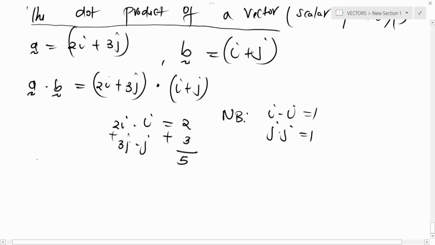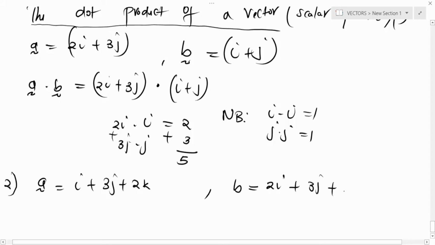Let's take up another example. Let's say we have A is equal to i plus 3j plus 2k, and B is equal to 2i plus 3j plus 4k. Then what is A dot B?